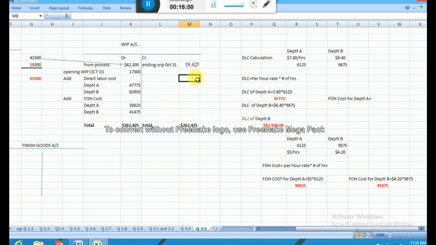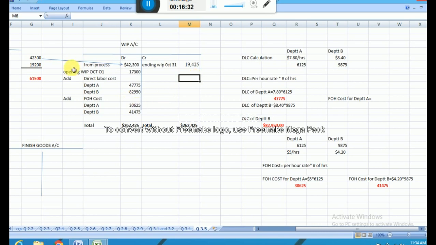The 19,425 total work in process was the 2,62,450. But in this 2,62,425 we have the 19,425 ending work in process.